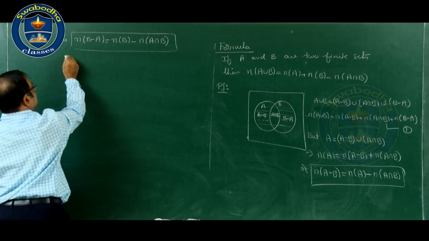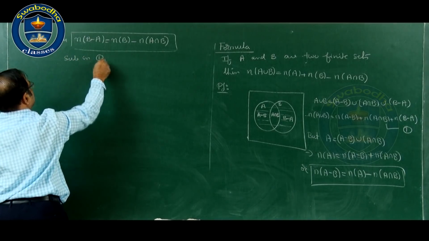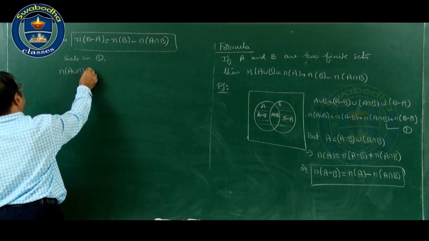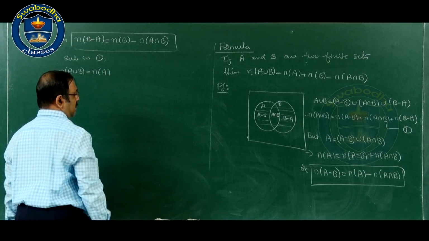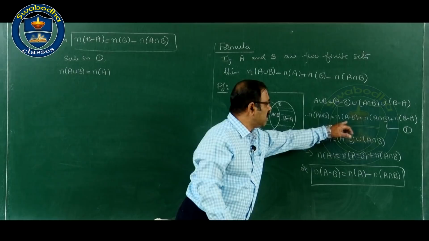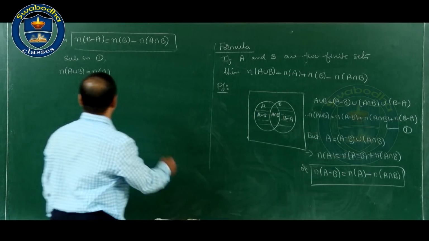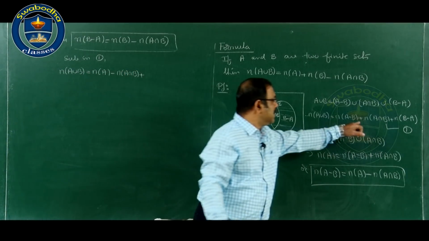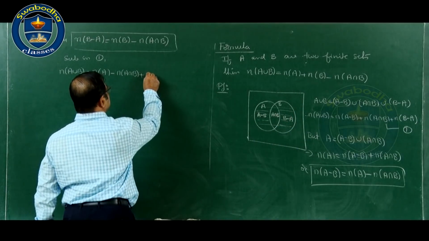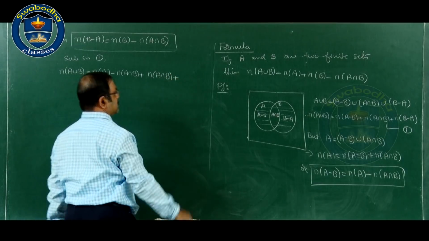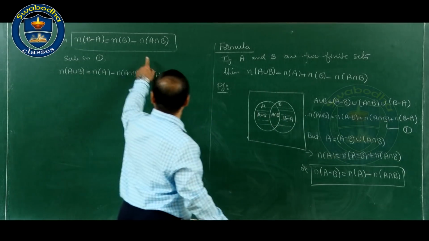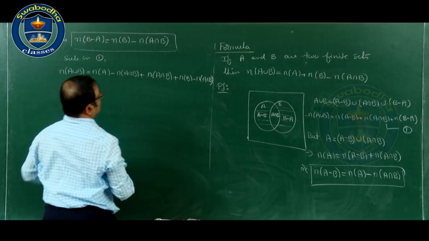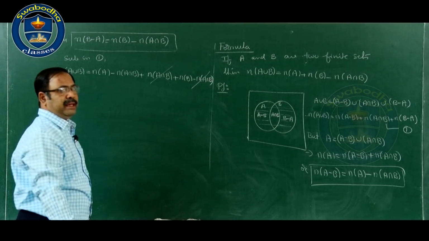Now, substituting the above in equation 1, what do you get? n of A union B is equal to n of A minus n of A intersection B, plus n of A intersection B as it is, plus n of B minus n of A intersection B. The n of A intersection B terms cancel.